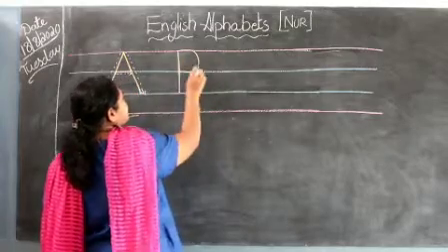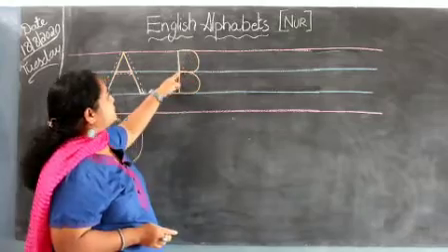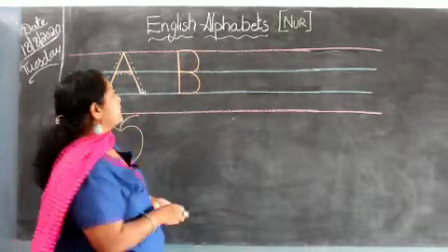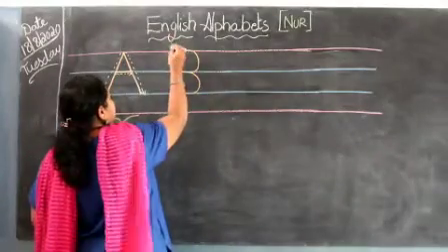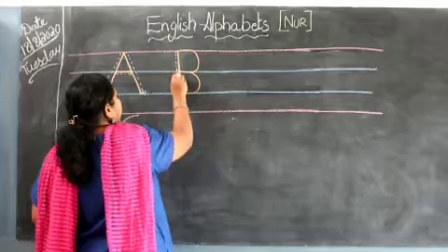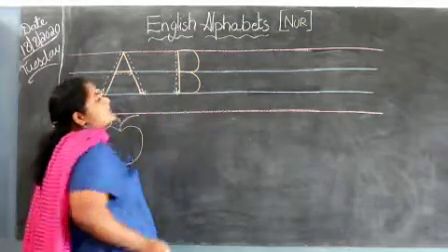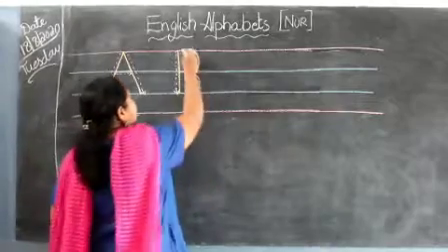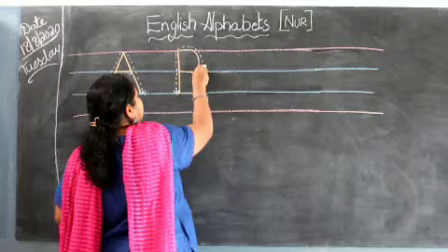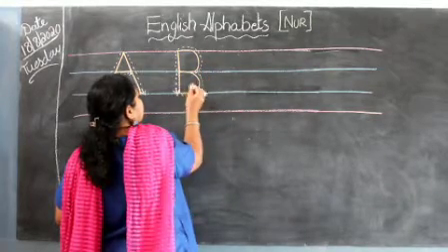So you have one standing line and two right curves, which is your B, the next letter in our English alphabet. So I'll show you: from red, go through the blue and stop at the second blue line, standing line, a right curve from the red to blue and blue to blue.